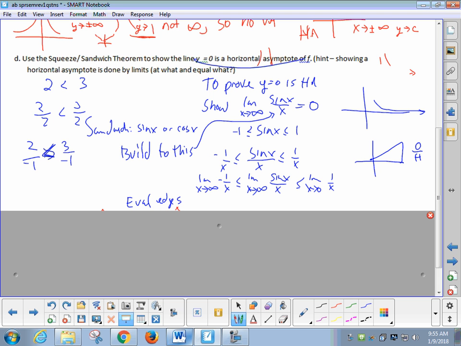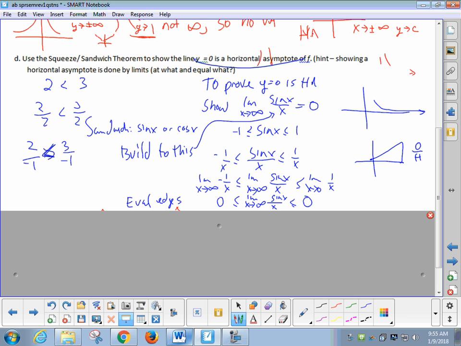What is the limit as x goes to infinity of -1 over x? What does it go to? 0. Okay? In a negative probably way. The inside I don't know, that's the question. But what does 1 over x go to? As x goes to infinity, 1 over a million, 1 over a billion, 1 over a trillion goes to 0. It's being squeezed.